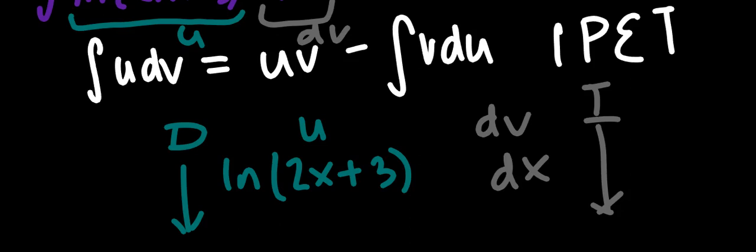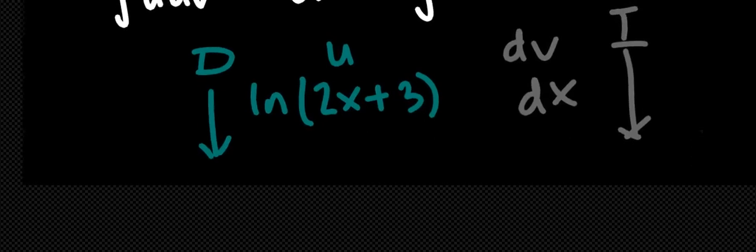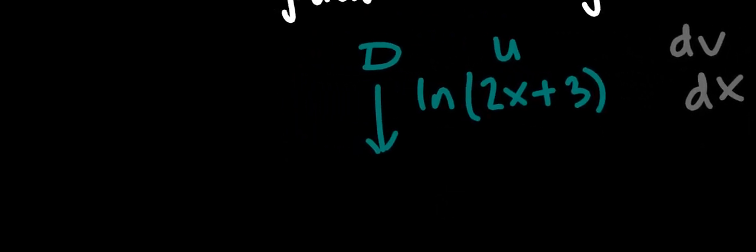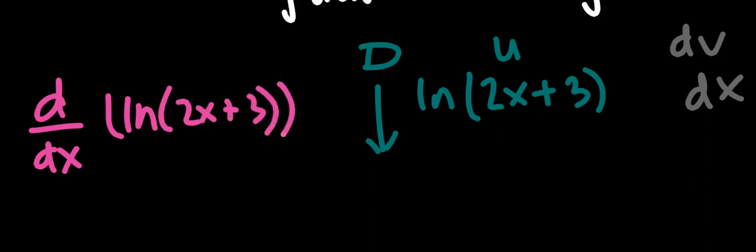So I differentiate ln of 2x plus 3. The derivative d/dx of ln of 2x plus 3 is going to be, so we know when we have ln of x, it's 1 over x, right?